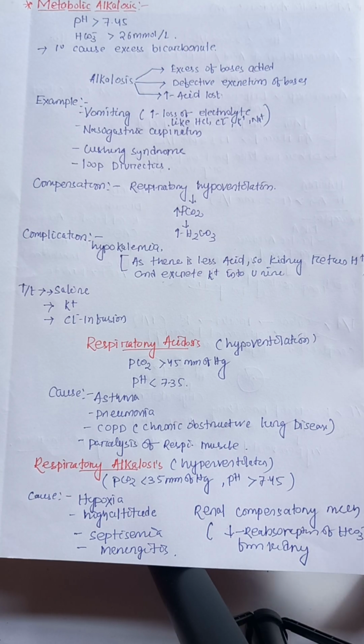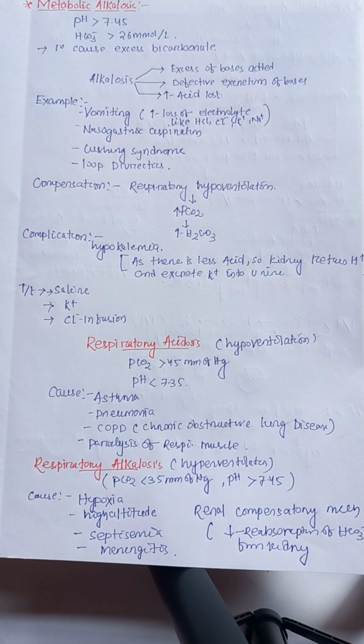And what is respiratory alkalosis? Alkalosis means a decrease in the H2CO3 level. How will H2CO3 decrease? By hyperventilation. With hyperventilation, CO2 washes out, the H2CO3 level decreases, and that causes alkalosis. Simple. Remember, we hyperventilate when going to high altitudes. High altitude, septicemia, meningitis, and hypoxia are causes.